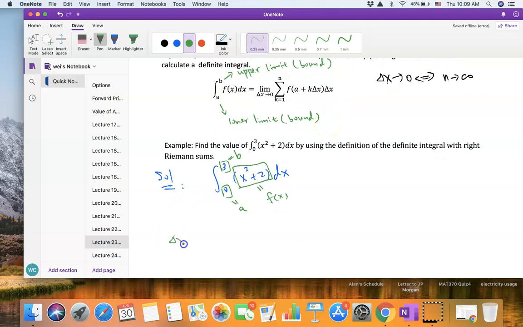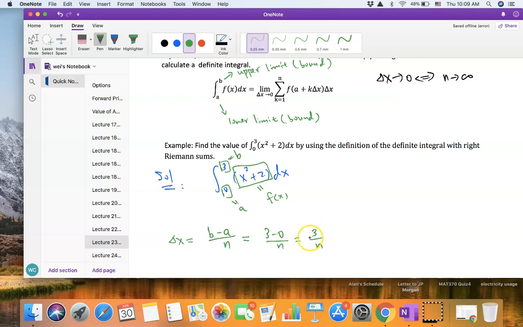Okay, so once we figure out these three things, then we can first figure out how to write delta x, because here the delta x is the width of the rectangle, which in the previous lecture we said is given by the formula (b minus a) over n. Since we know what b and a are, that will be (3 minus 0) over n.